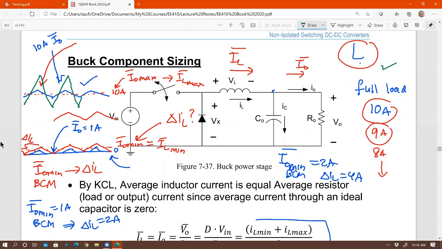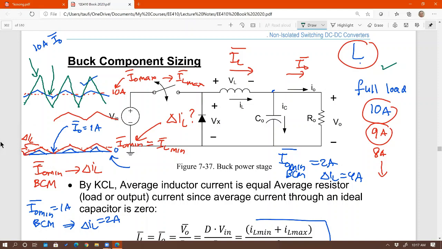Let me erase this one and this one. I'm trying to draw it such that the average value of the green is equal to the average value of the blue. So still 10 amps at max, at full load. Both of them are 10 amps average, you agree?